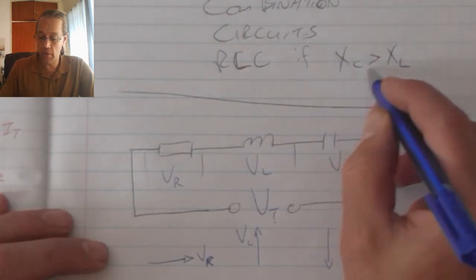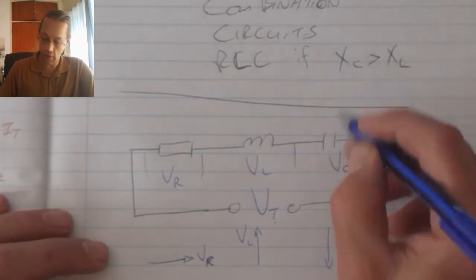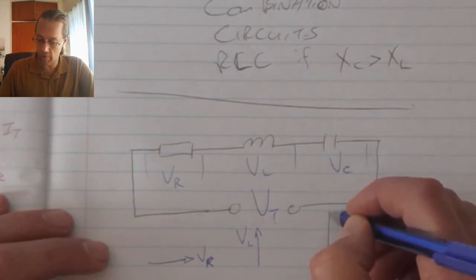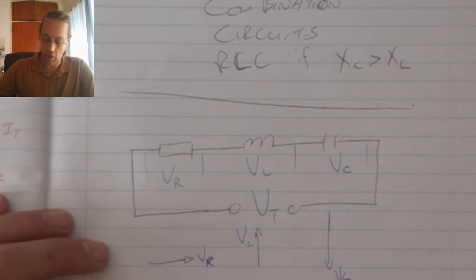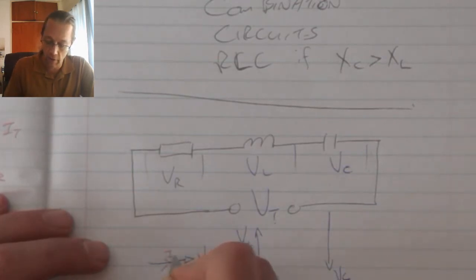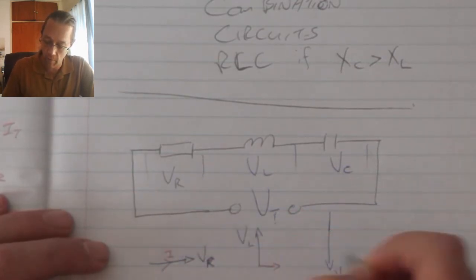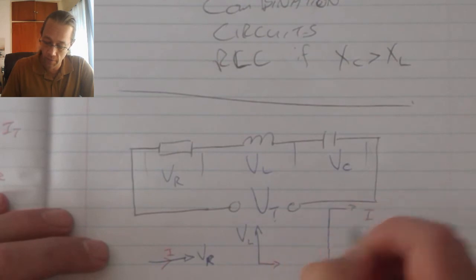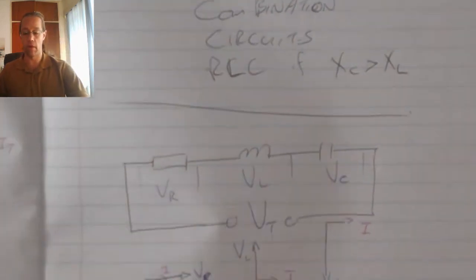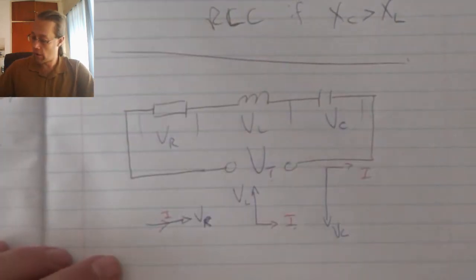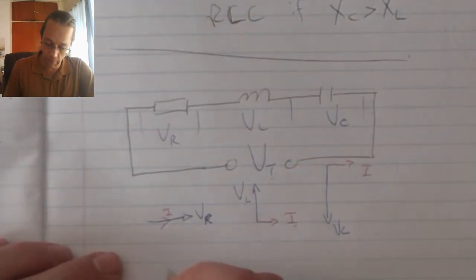Because the capacitor's reactance is greater, that means that the capacitive voltage will also be greater. The current flow is the same for all three of the components, as it is a series circuit, and when we combine these three we get that.